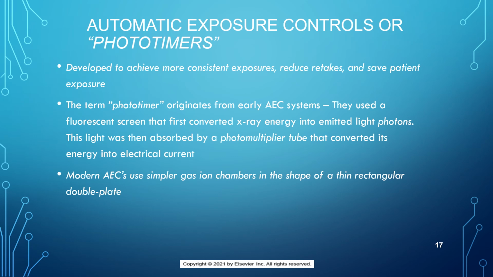The fluorescent screen glowed, and then that light was picked up by a photomultiplier tube, which amplified the light photons and converted them to electrons, and then those electron outputs of the photomultiplier tube were the electric current that shut off the exposure.